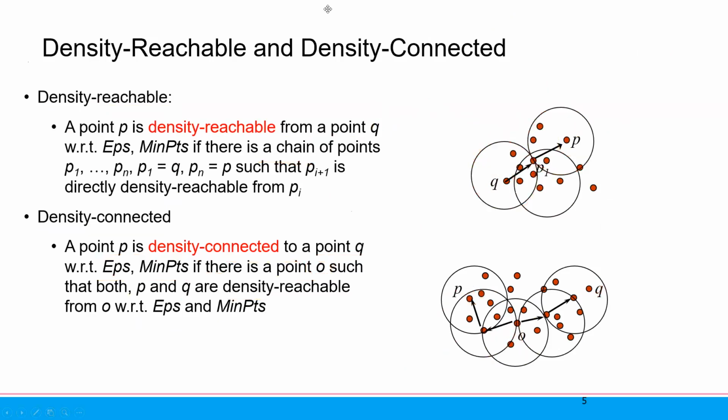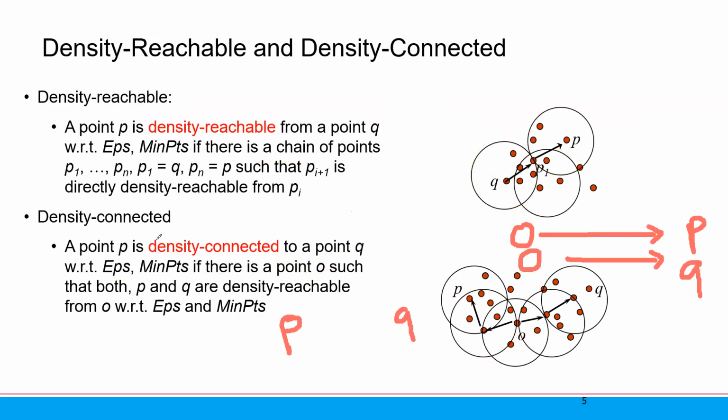It means that O can reach P, and then O can reach Q. Then, in this case, P and Q are density connected.